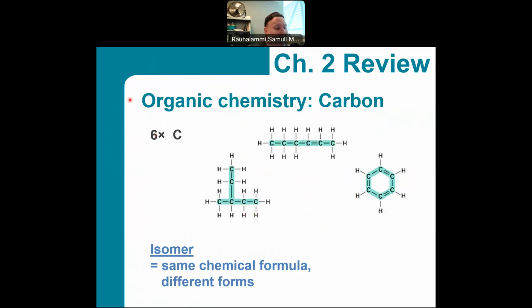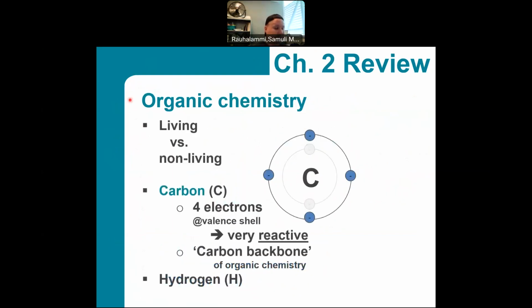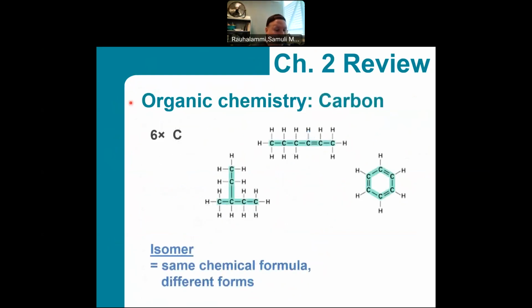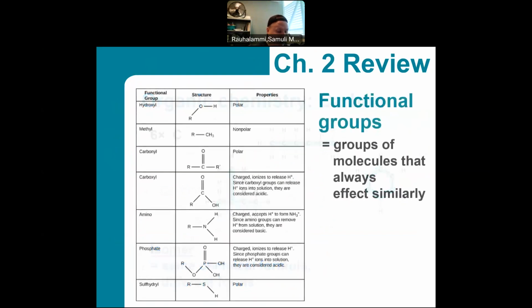So isomers have the same chemical formula. They have the same number of atoms, but they take physically different shapes when we look at the molecule. A lot of organic chemistry, the materials that have a living origin, have this carbon hydrogen backbone, and to this backbone we add additional functional groups that define how those molecules behave.